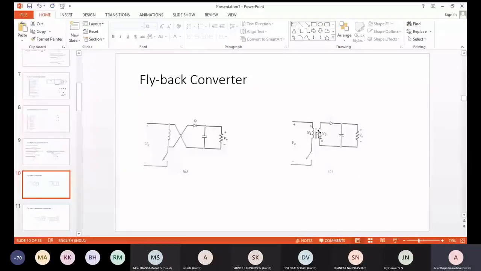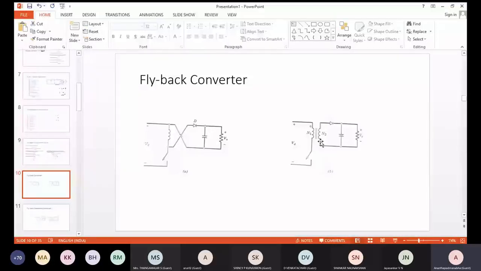Usually in a transformer, the polarities will match. You can see the dots appear both at the top or both at the bottom. Basically, the dot convention will match for primary and secondary. Whereas in the case of the flyback, it is very interesting to observe that they are not matching.